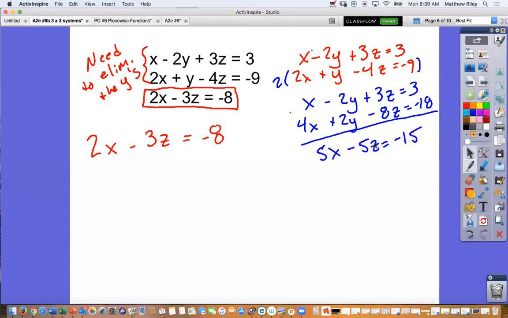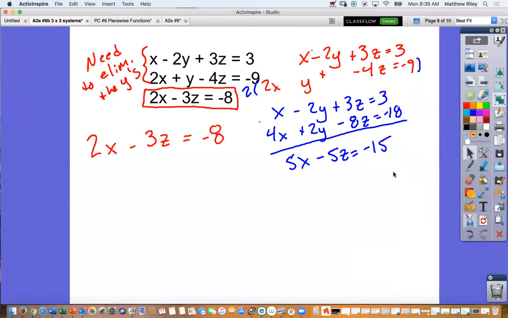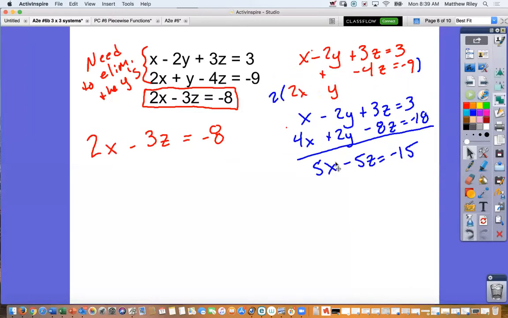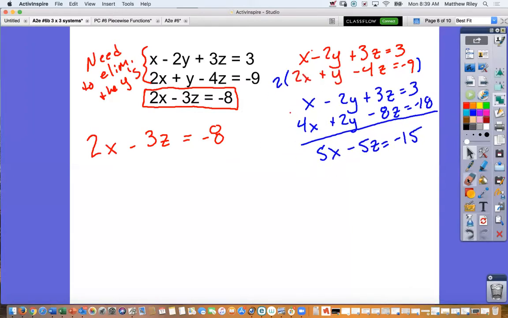Then I'm literally just going to take that. That's not what I wanted to do. Too close together. I'll just rewrite it. So I take that value and I put it right here. So the entire goal is to eliminate so that we can get back to a 2x2 system.